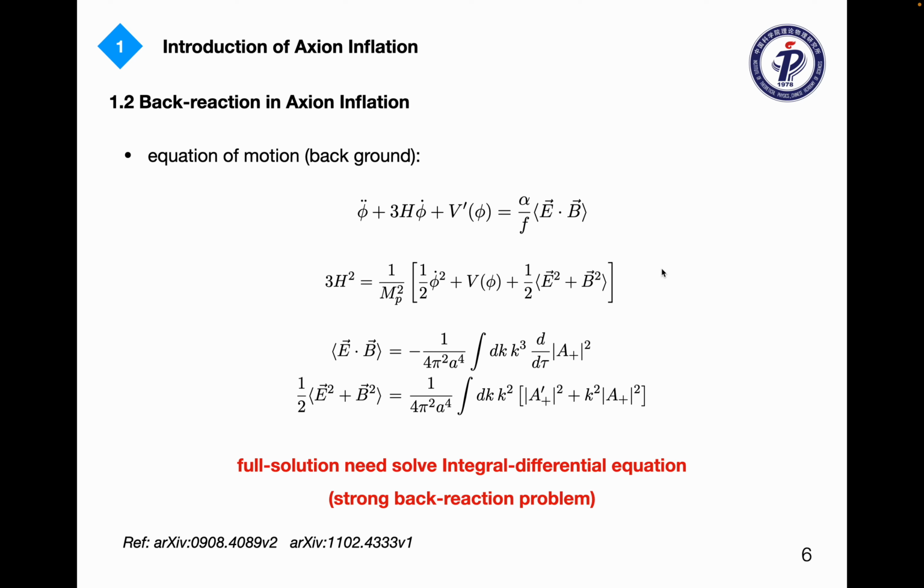So if the velocity of the axion field is large, there are many gauge fields produced, and therefore the backreaction will get strong. So in those cases, the backreaction effect cannot be ignored.